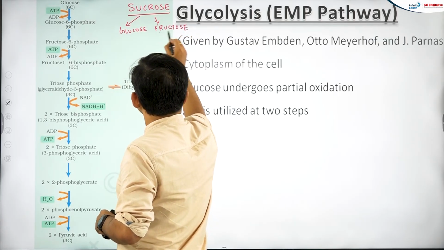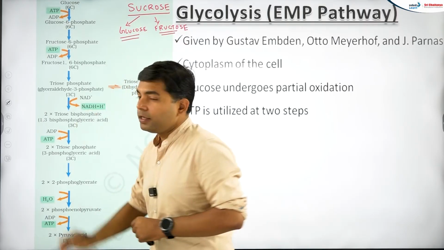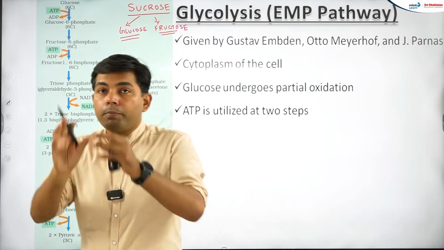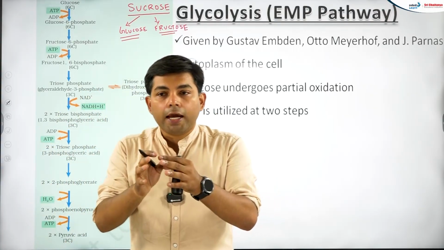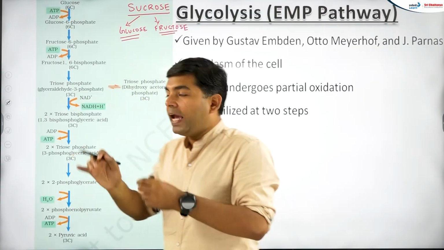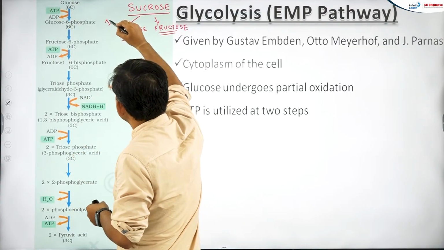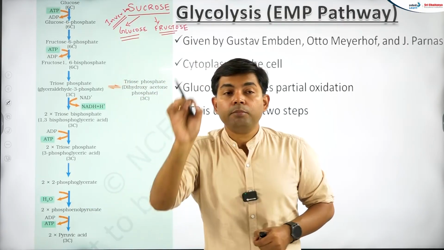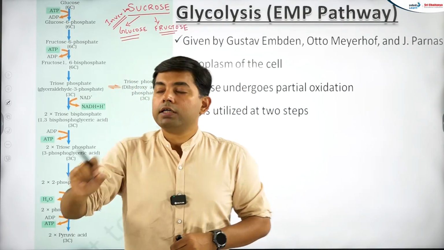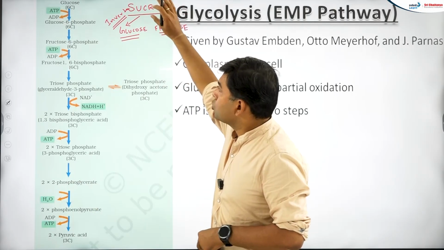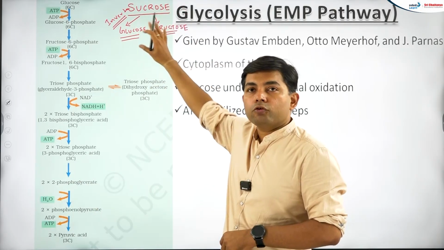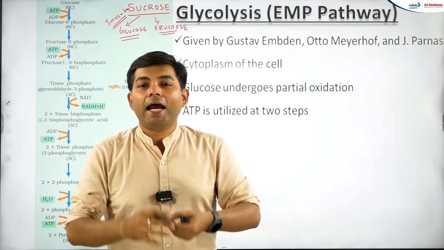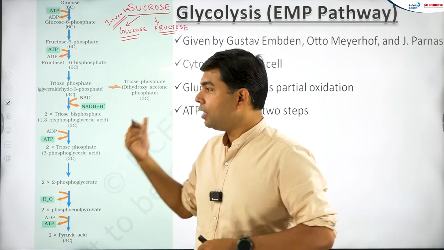If sucrose is the substrate, it will break down into glucose and fructose using an enzyme called invertase, given in NCERT. The enzyme invertase will break down the sucrose into glucose and fructose. These glucose and fructose will then further act as the substrate in glycolysis.